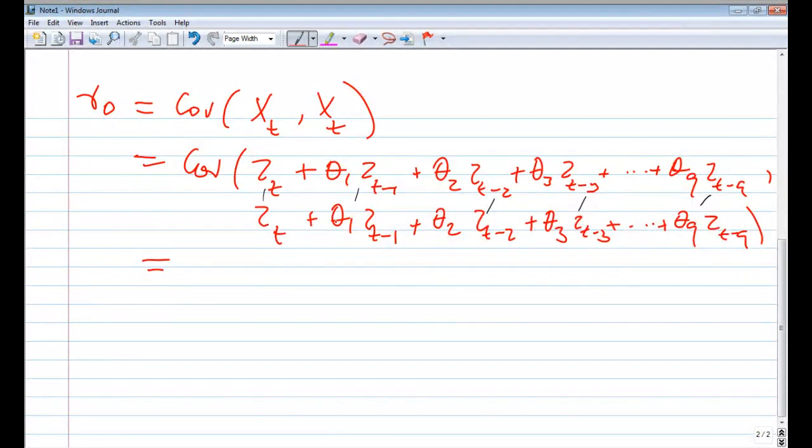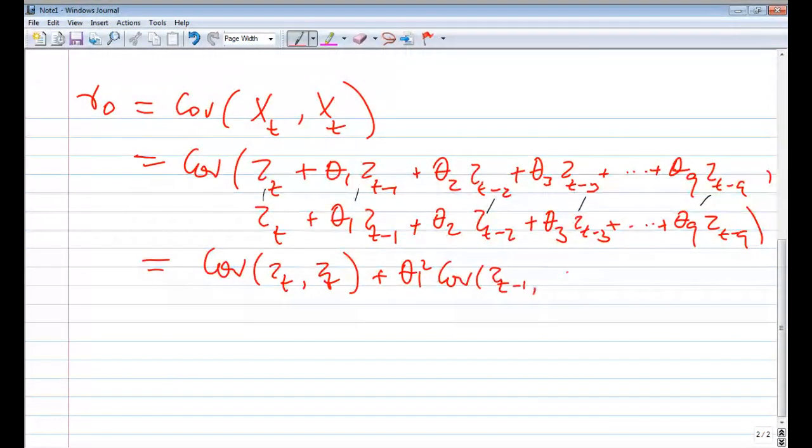From here, that is why I wrote these black lines there. We're combining zt and zt. So the first one, you're going to have the curve of zt and zt. Plus theta 1 squared, the curve of zt minus 1, zt minus 1.